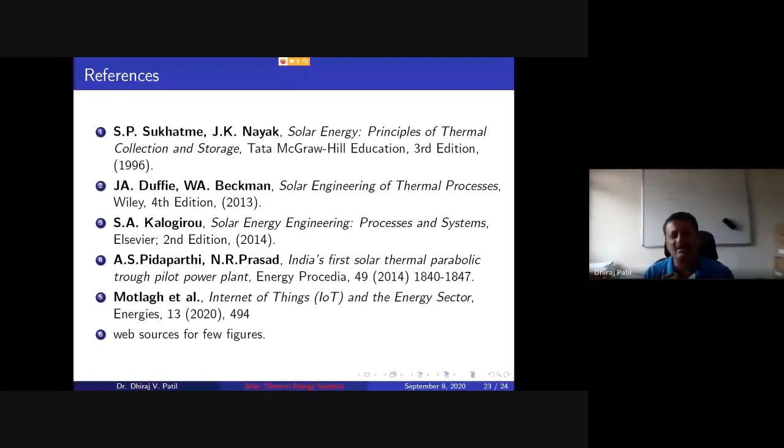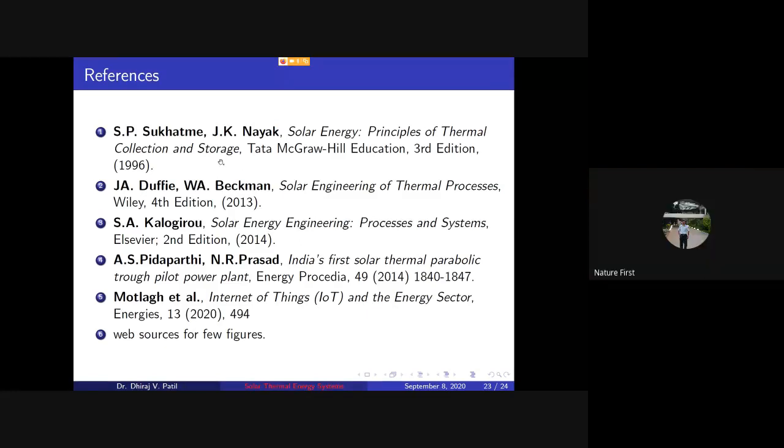Only a very low percentage of our energy is from renewable energy sources, and the contribution of solar energy is very small. The Duffie and Beckman book is, I felt, very nicely written. But if you look at Sukhatme and Nayak from IIT Bombay, these professors have the book Solar Energy: Principles of Thermal Collection and Storage.